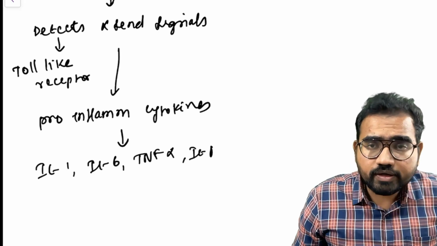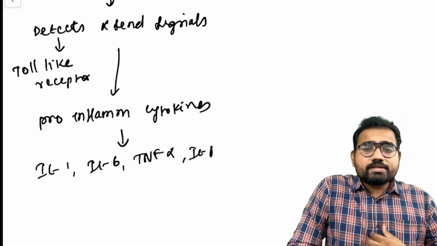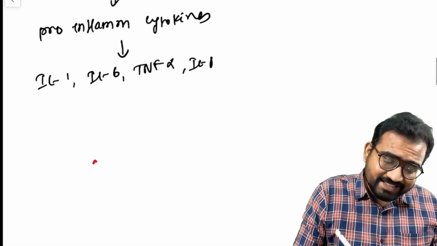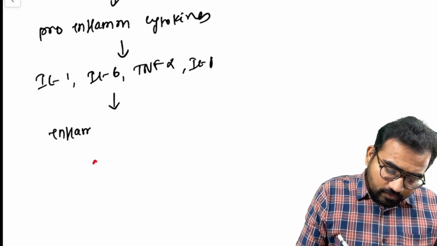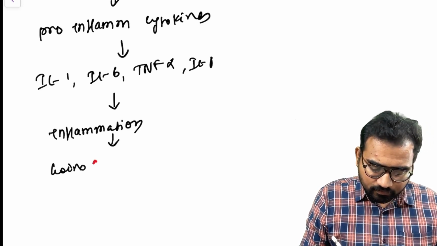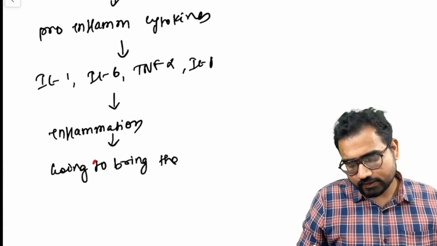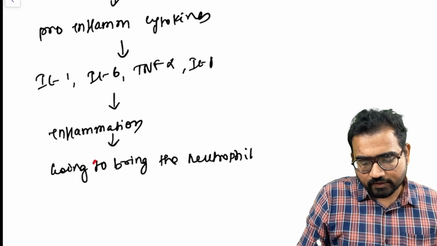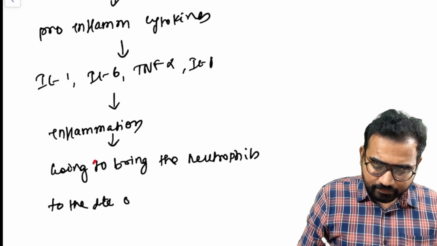All these are going to bring the neutrophils to the site of infection. They are going to produce inflammation. Neutrophils are the first line of defense at the site of bacteria.